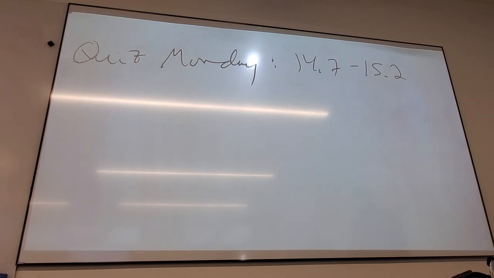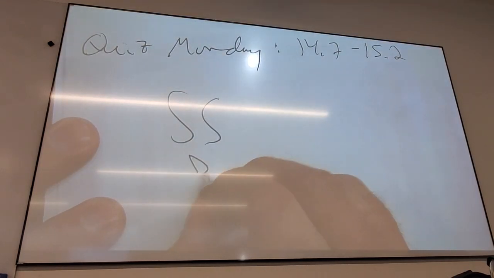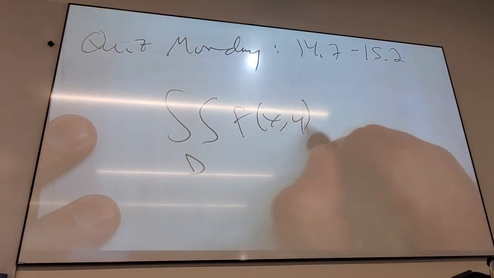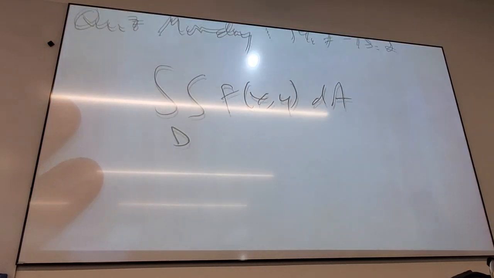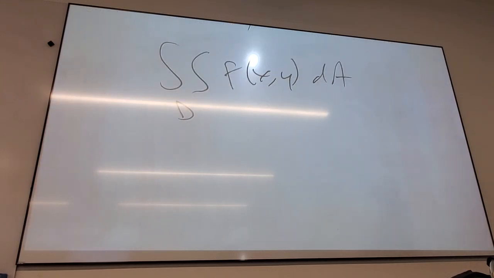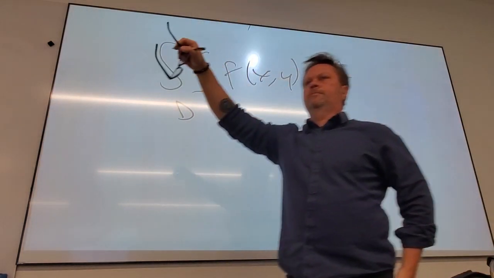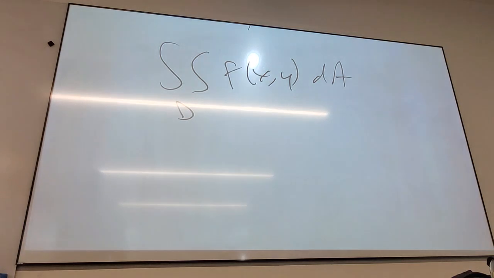So let's do this. I still have to finish the derivation of what the integral is going to look like. In general, if I'm trying to do the integral of a function of x and y, it really is just the next natural step from Calc 1.